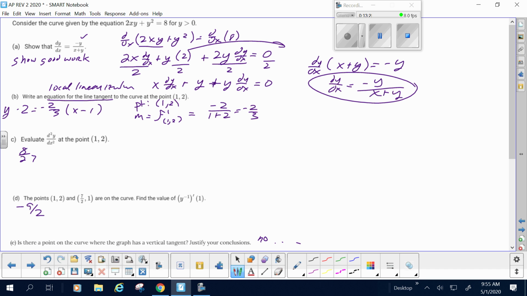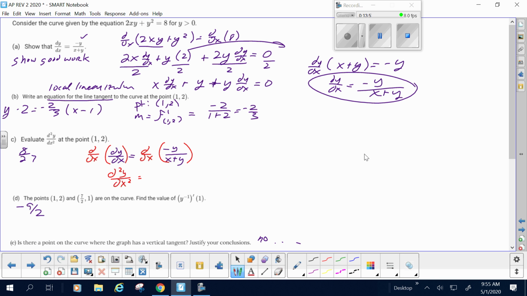All right. Let's look at C, the second derivative. So let's start with the first derivative. We have the first derivative equals, leave a space, negative y over x plus y. And what I'm going to do is take the derivative with respect to x of both sides. Therefore, the derivative of the derivative on the left, in good Leibniz notation, is that.